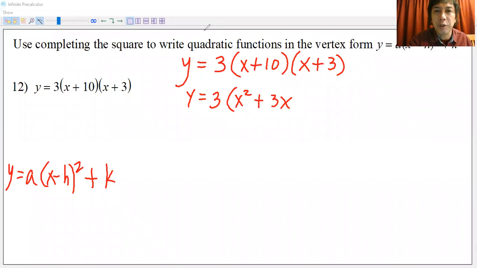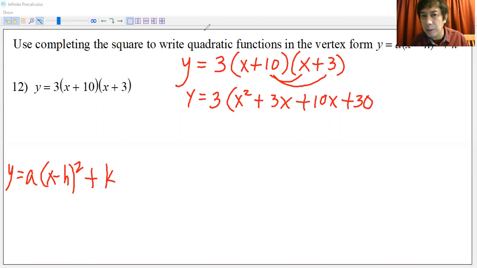We shall now continue with the 10 multiplied by x plus 3. So we're going to have 10 times x is plus 10x, and then followed by 10 times 3, which is 30, plus 30. Now remember, the number 3 in the given problem will have to be multiplied by this product. So that will be all in one grouping symbol.